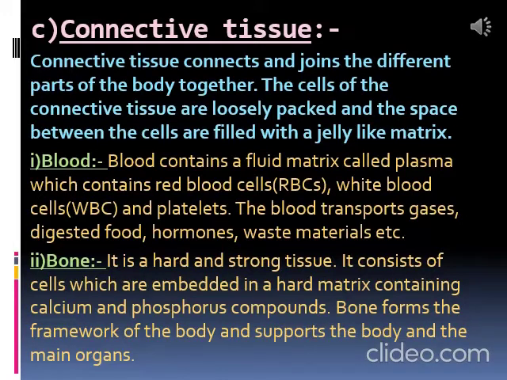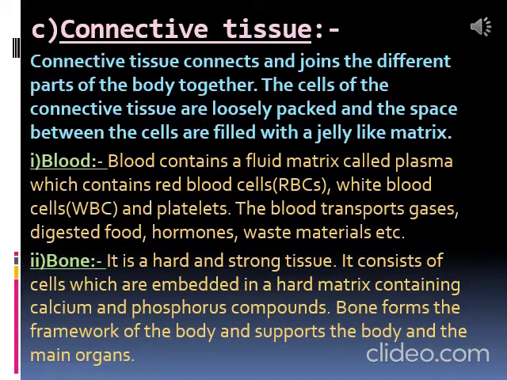The cells of the connective tissue are loosely packed and the spaces between the cells are filled with a jelly-like matrix. So these have some fluid. These tissues have fluid-filled cells, you can say that in that way. These connective tissues also have some jelly-like matrix.